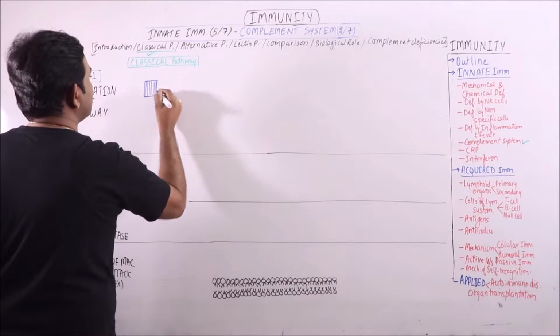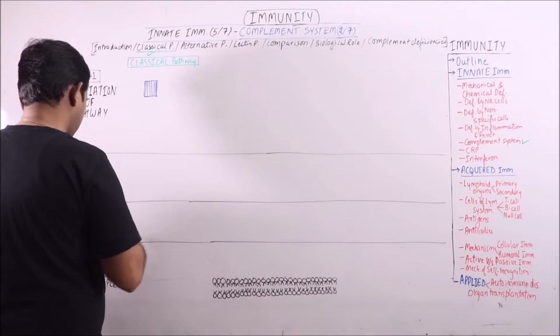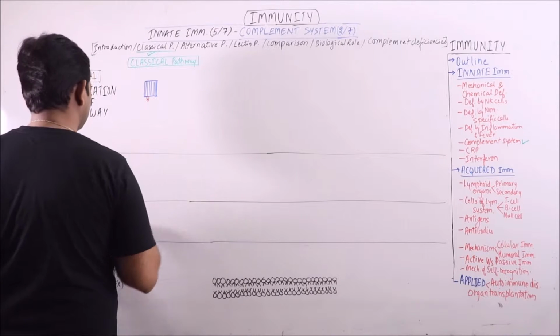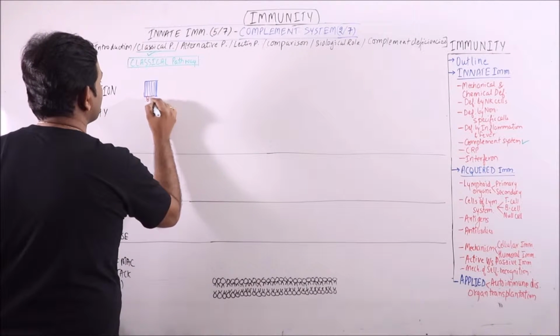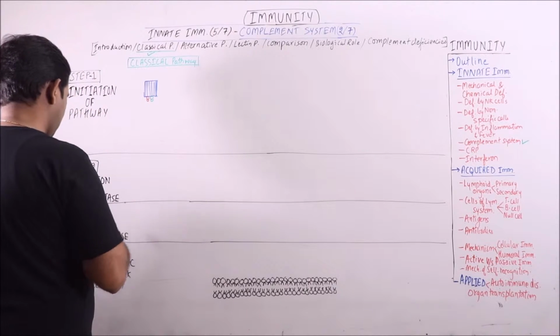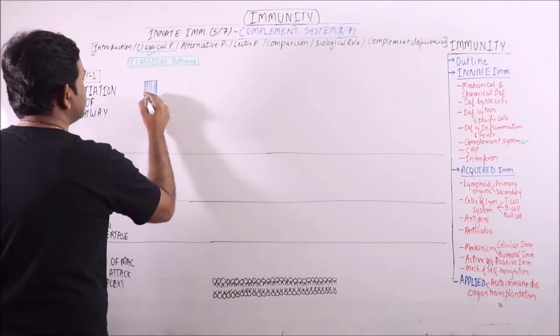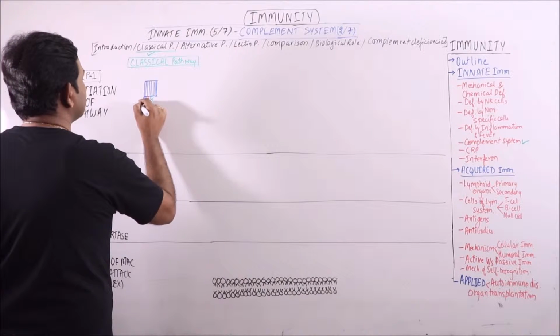I am drawing the C1. This is C1 and it is having three major components.